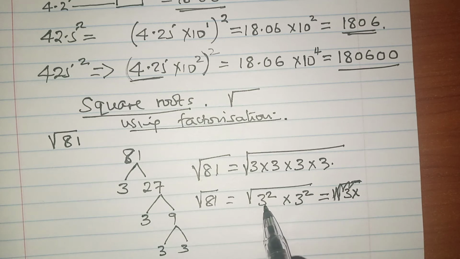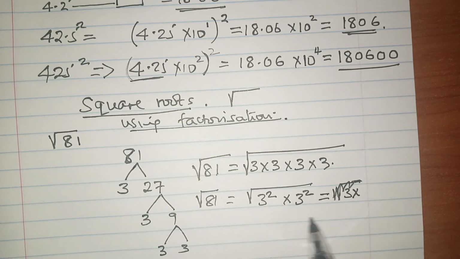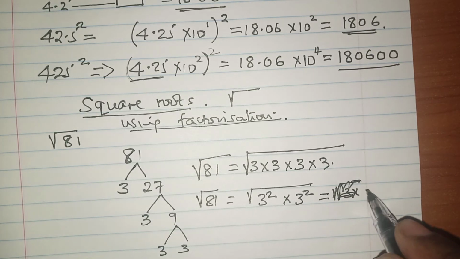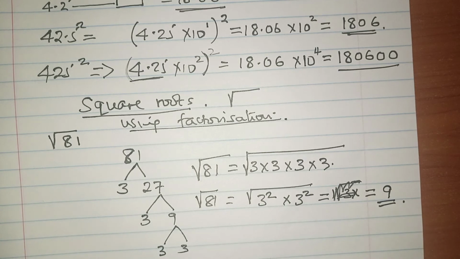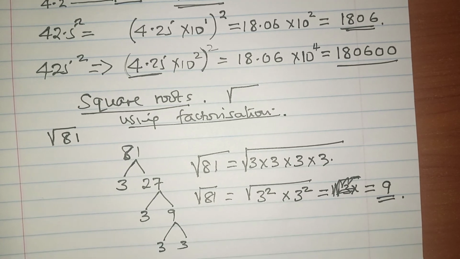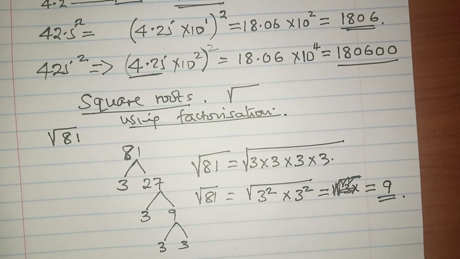Otherwise, this is 9 and this is 9. So you realize that the final answer is 3 times 3, which is 9. And that's how we can get the square root using the factorization method. Any number can be expressed as a product of prime factors, and you can get the square root that way.